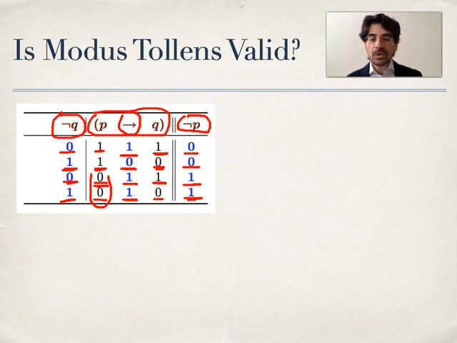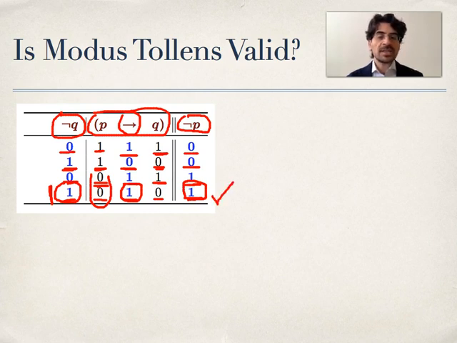In this table, there is only one row where both premises are true, namely the last row. Here, not Q is true, as it is assigned value 1, and P implies Q is also true, so it has been assigned truth value 1. And we see that in this case, also the conclusion not P is true, because it has been assigned truth value 1.